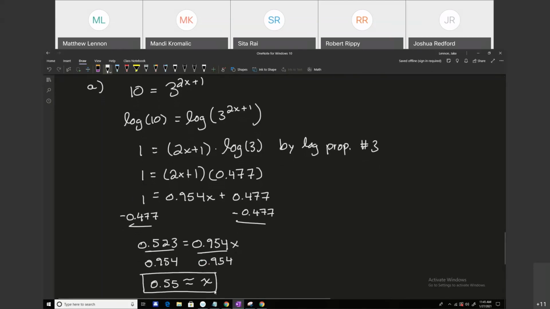So I'll wait a minute for you to catch up on that one and let me know if you have any questions, because I know it probably seems like a lot of steps and really fast, but really we just took log of both sides, brought the 2x plus 1 down using the properties, plugged it into our calculator, and then just distributed. So take a minute, look over those steps, and let me know if you see anything that looks confusing.